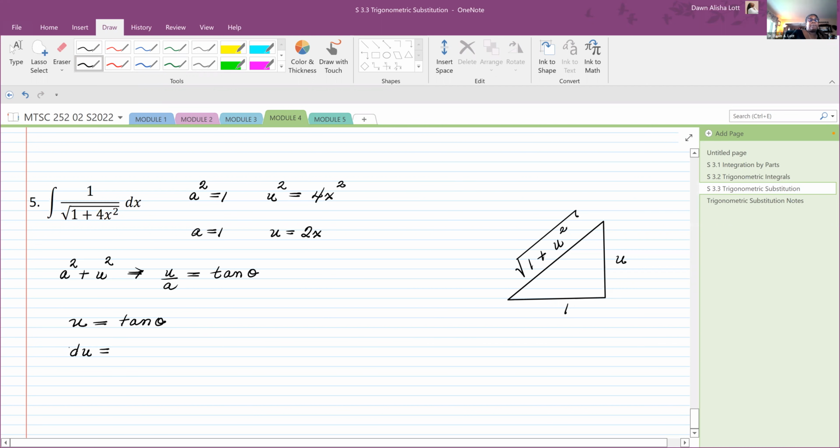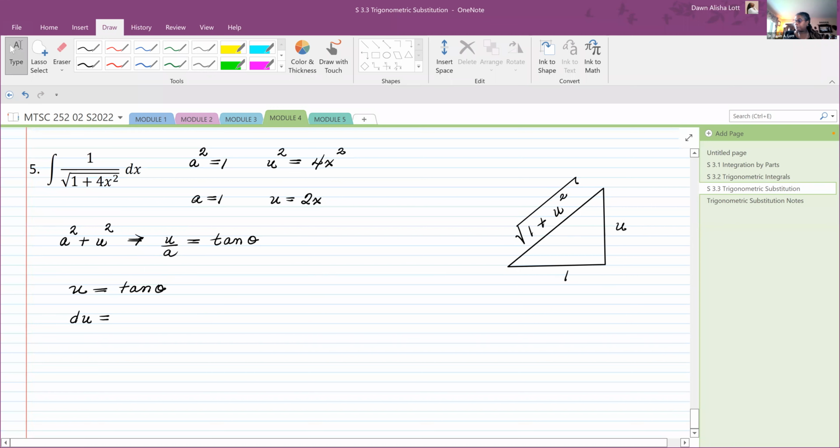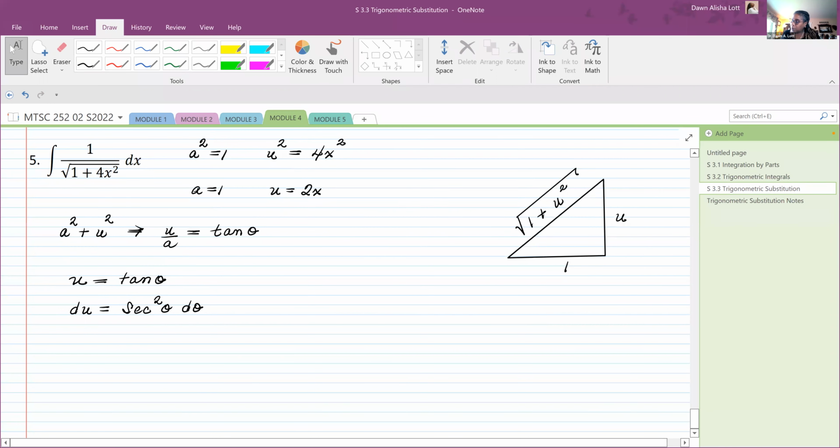Anybody get anything yet? du is secant squared theta d theta. And the square root of 1 plus u squared is the square root of 1 plus tangent squared. Oh, that's easy. That's the square root of secant squared. So that's just secant theta.